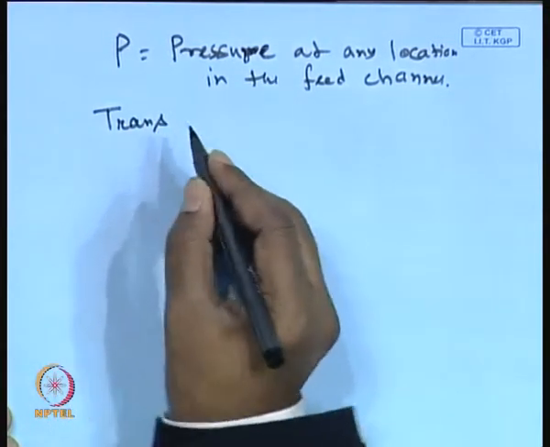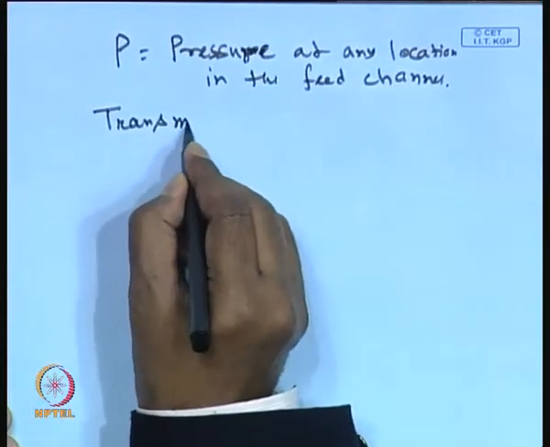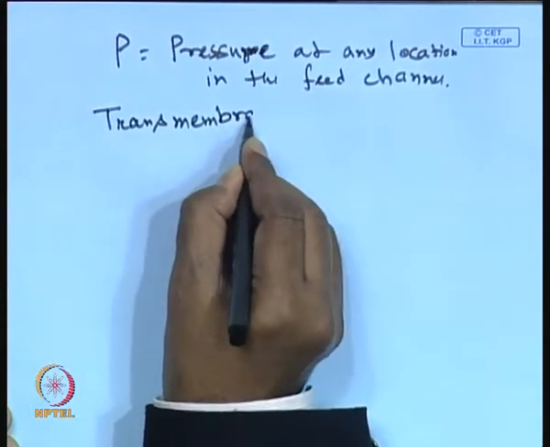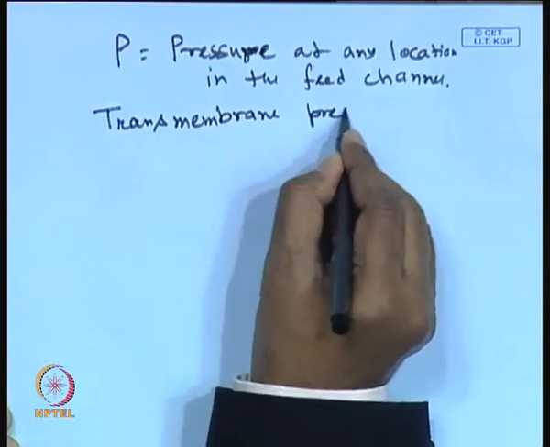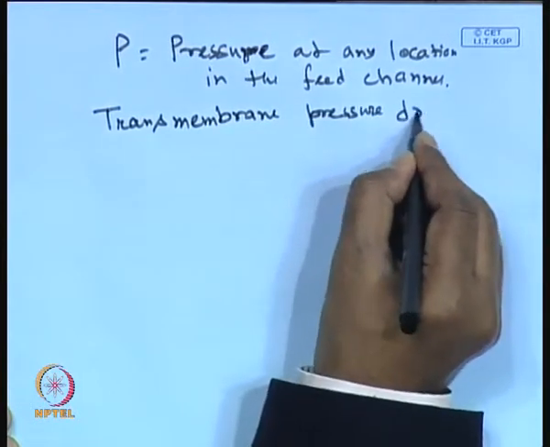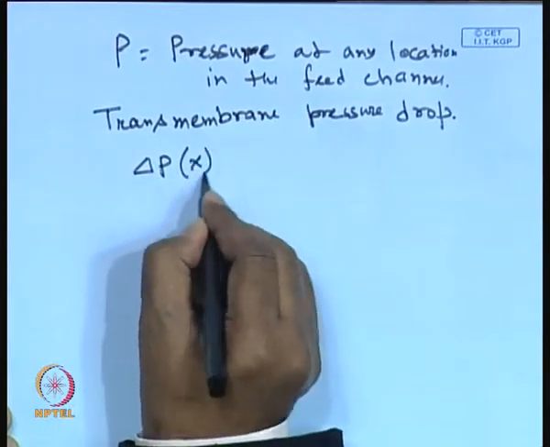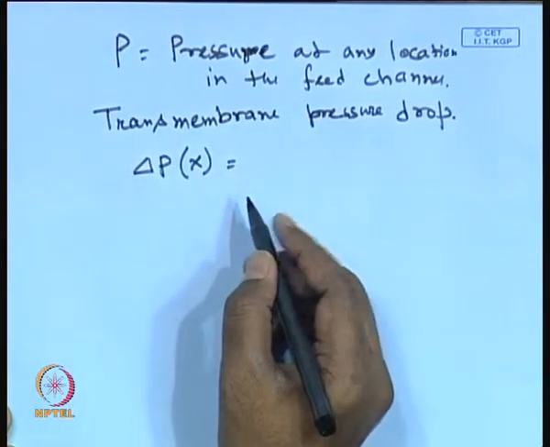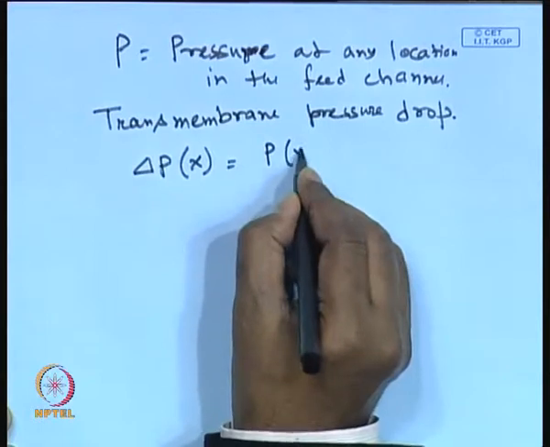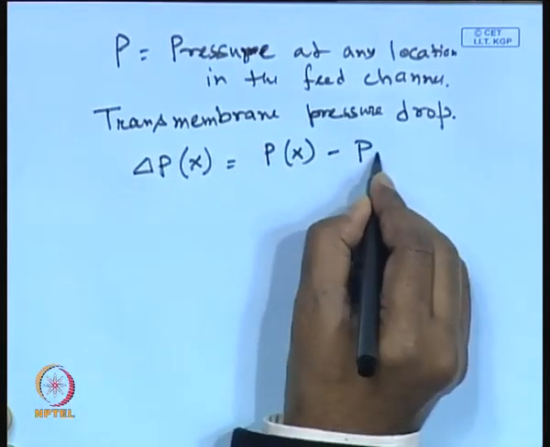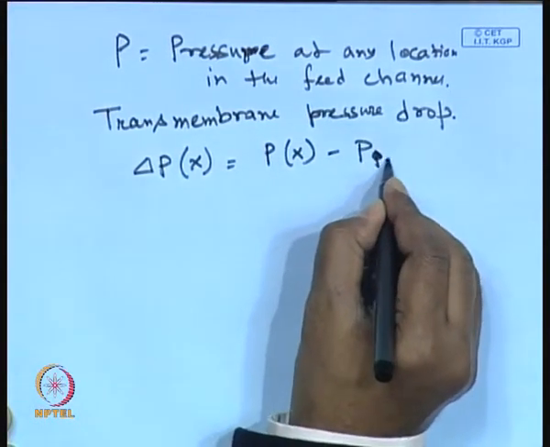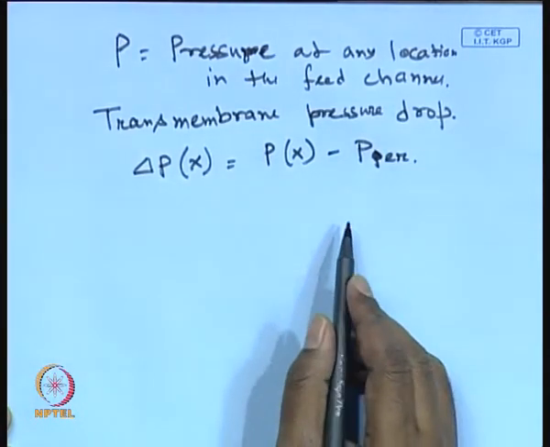We require a transmembrane pressure drop to use Darcy's law. The transmembrane pressure drop delta P as a function of x, that means at any x location, is nothing but P at that location minus P atmosphere or the P permeate, right.